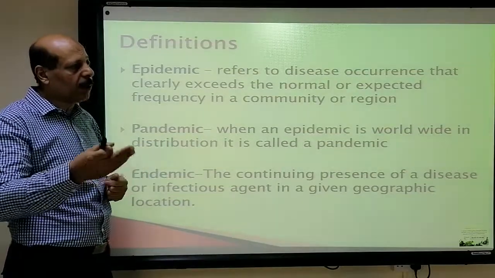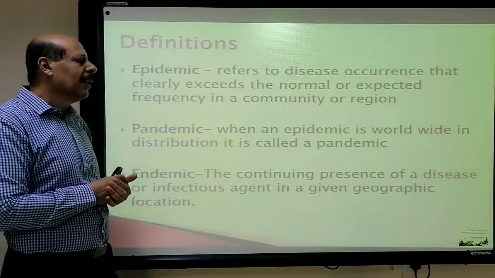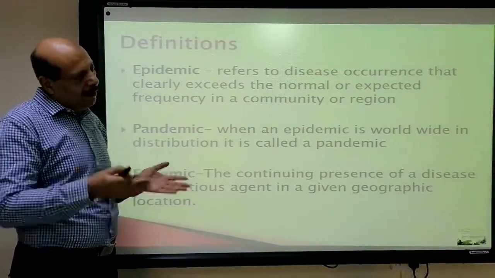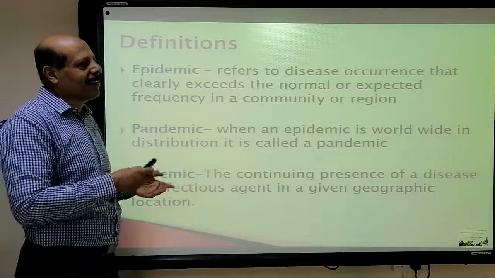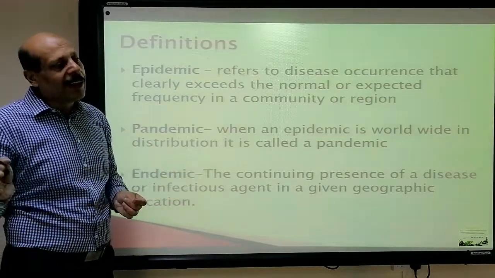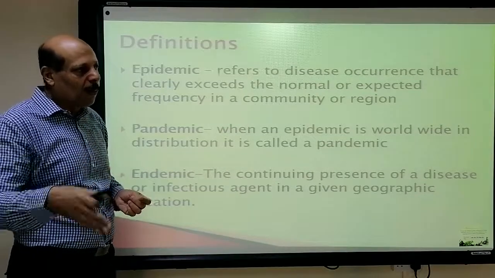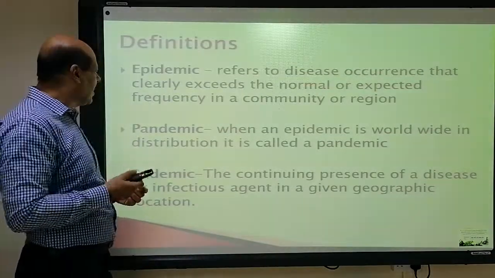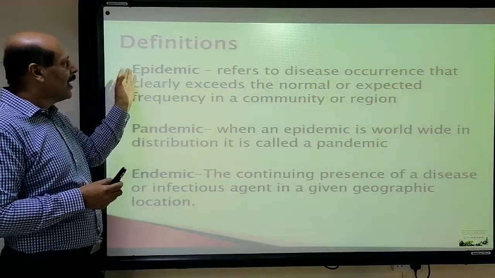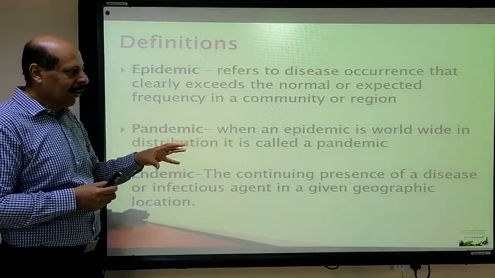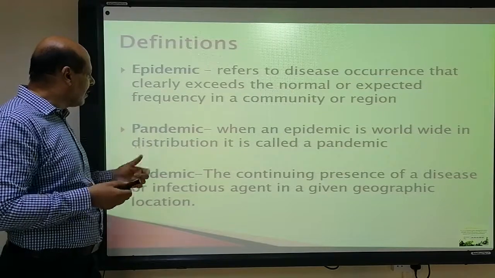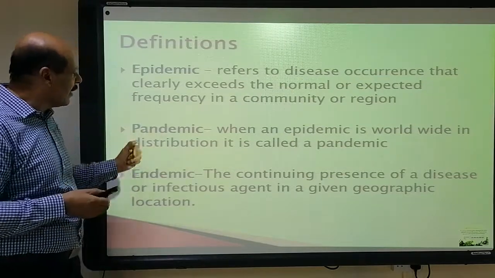When it is distributed from country to country, like COVID-19, which started, let us say, in Wuhan, then spread to China, then spread from China to all other countries, it is a pandemic disease. When it started there, it was an epidemic in Wuhan. Then, when it started to spread outside, it became a pandemic.